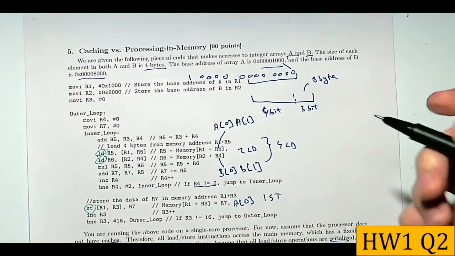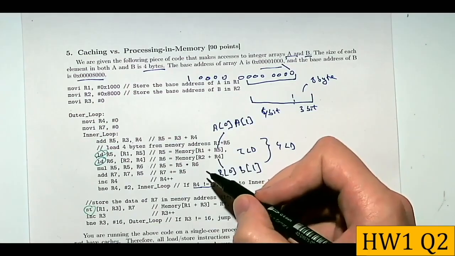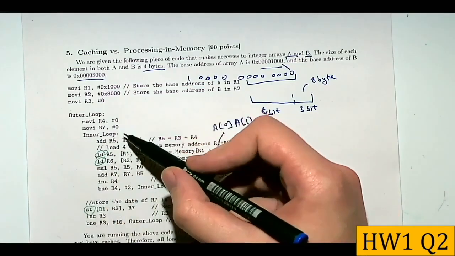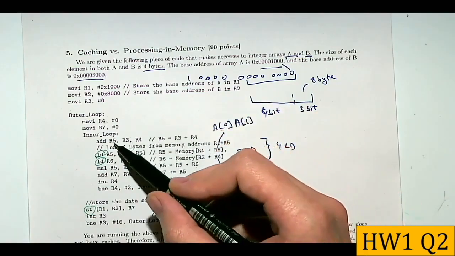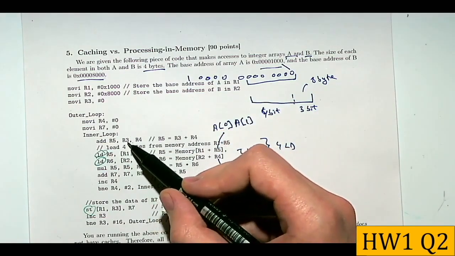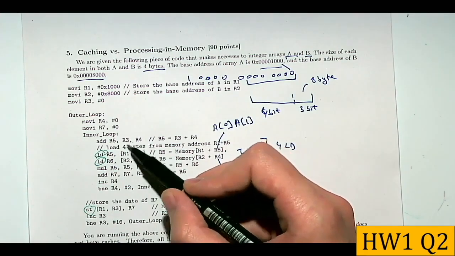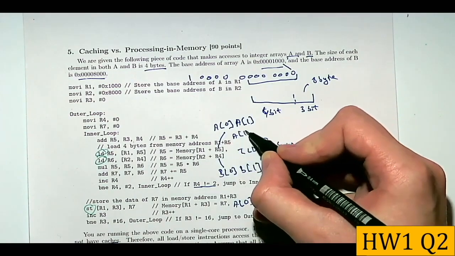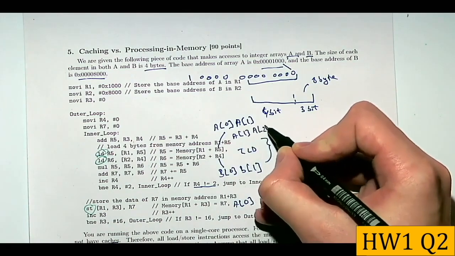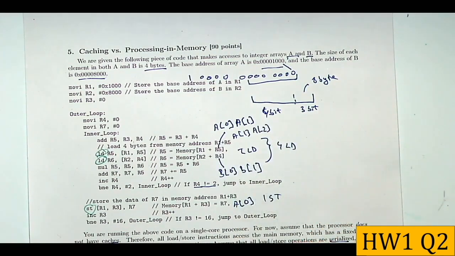Okay, and in the next iteration, after we complete the first outer loop iteration, we will go back here, we will reset R4 to 0, and then we will calculate R5 as 1, because we incremented the outer loop iterator, plus 0, so we'll have 1 here, and then we'll access A1 first, and then we will access A2. Okay, but for B, nothing changed. We'll again access the first element of B, B0, and then B1.